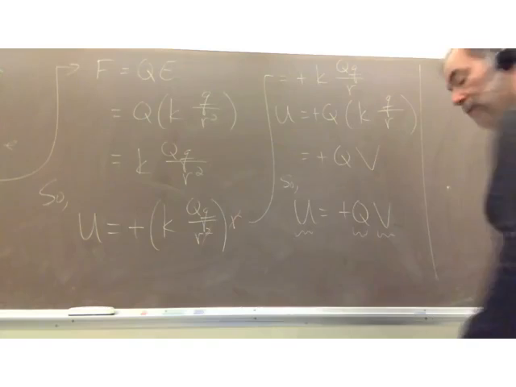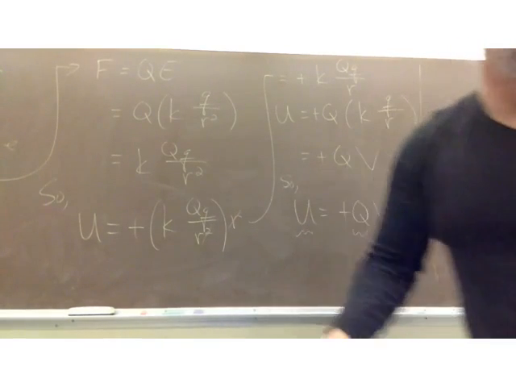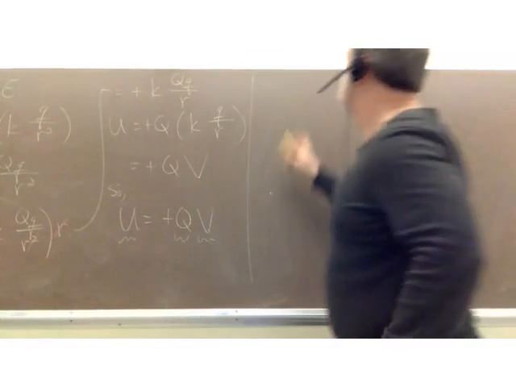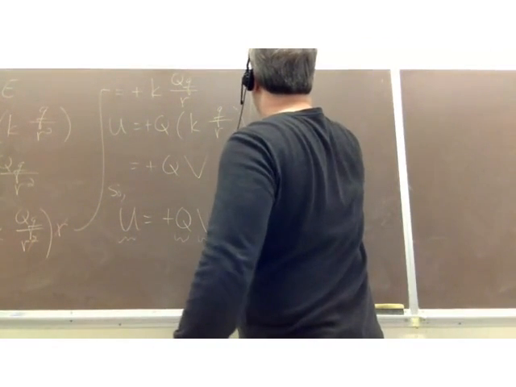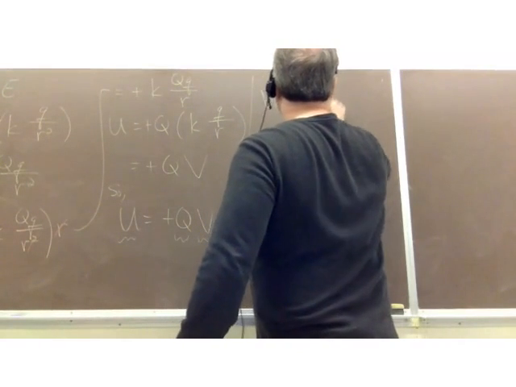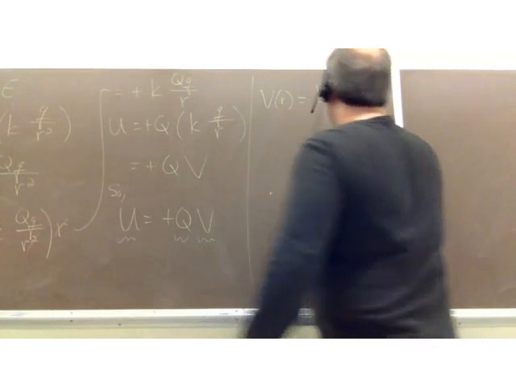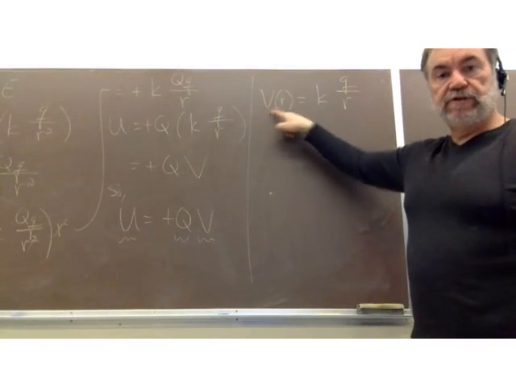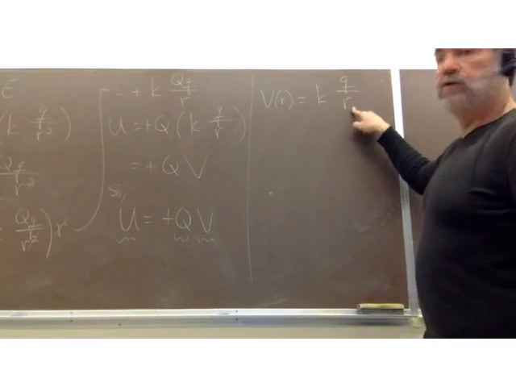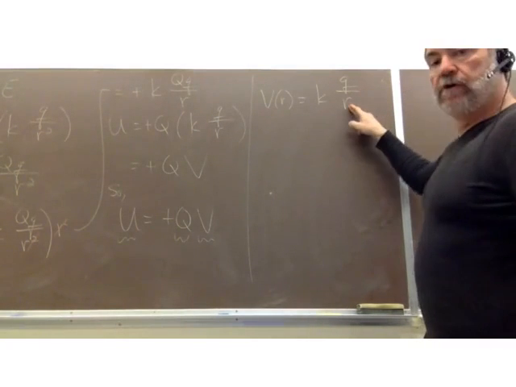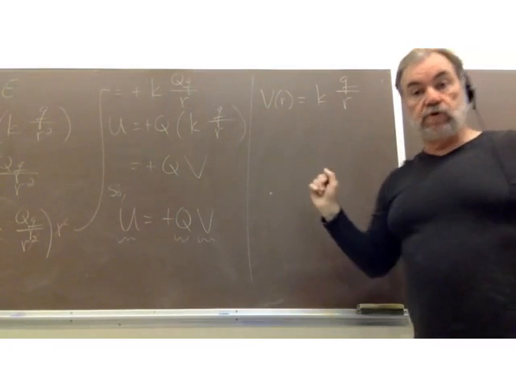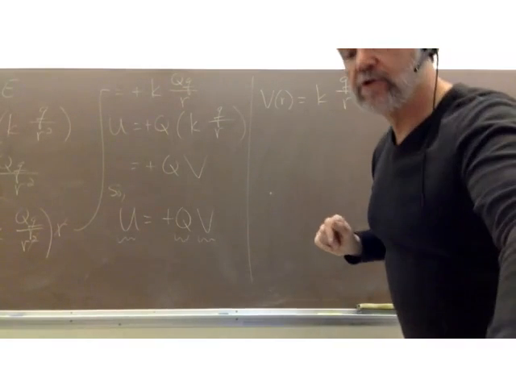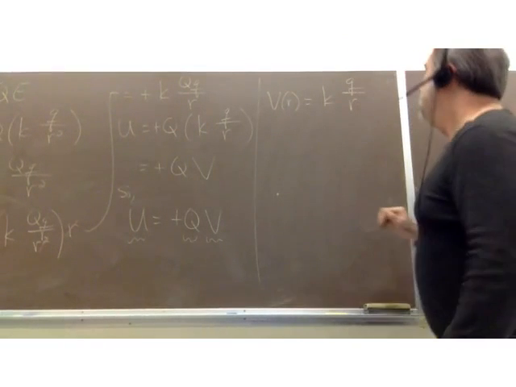V, which is a function of R, is kQ over R. So the electric potential is a function of position. The position is represented by R.